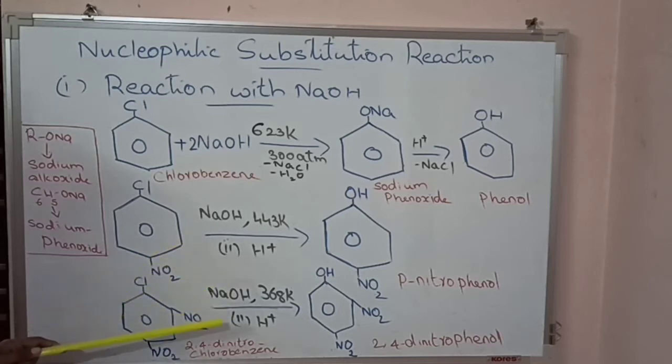So here pressure is not required for this reaction. Just at 368 Kelvin this reaction will be carried out. So as the number of electron withdrawing groups on the benzene ring increases, the reactivity of haloarene will be increased.